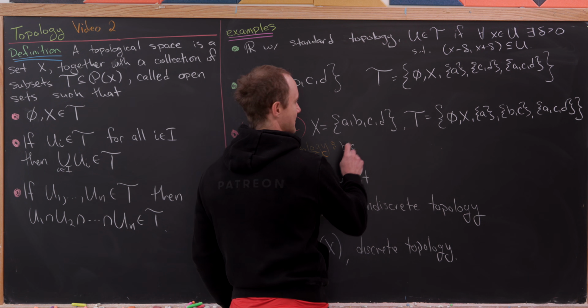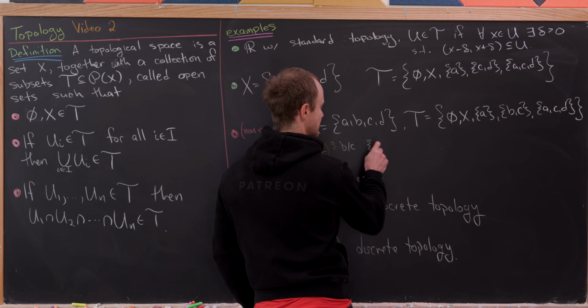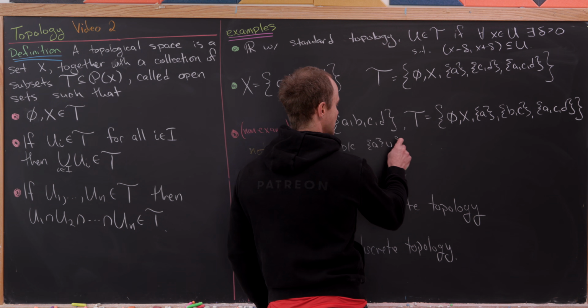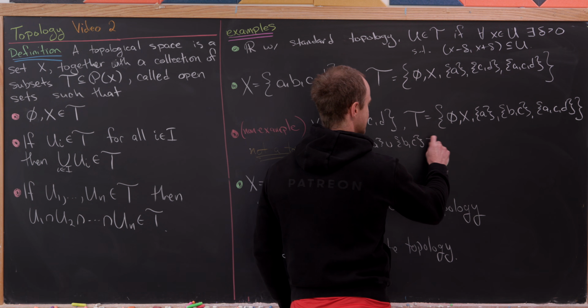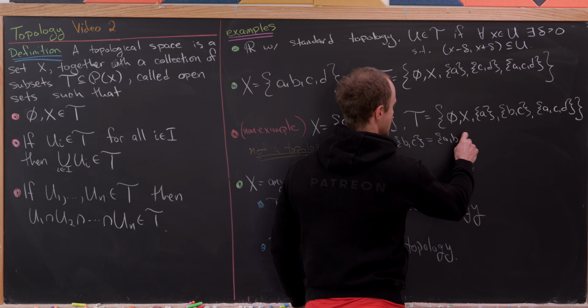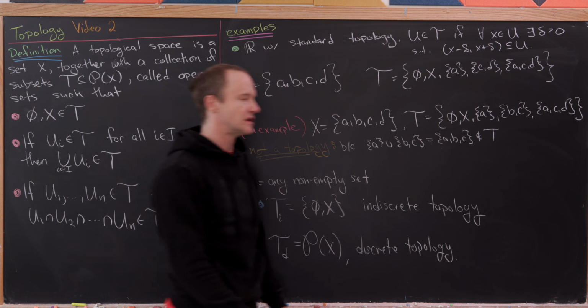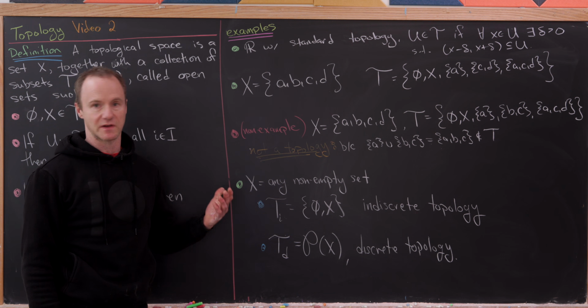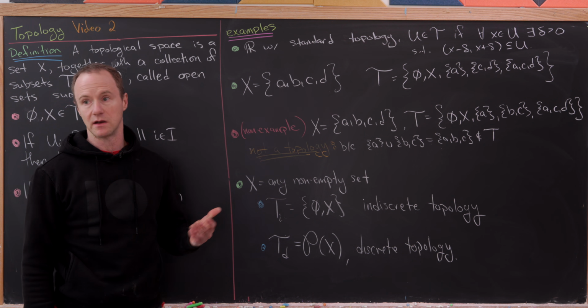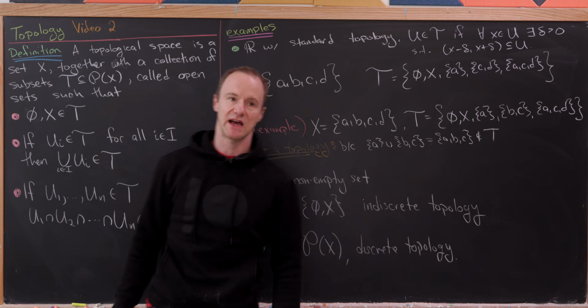So let's look at that, and that's because A union the set containing B, C, which is the set containing A, B, C, is not an element of T. So we took the union of two elements and we ended up with something that's not an element. Again, that means that this condition is not satisfied.